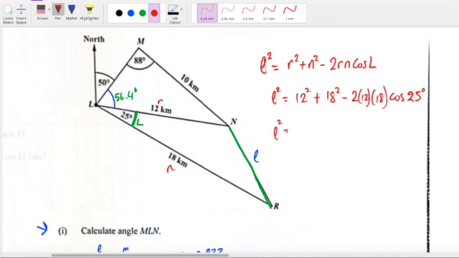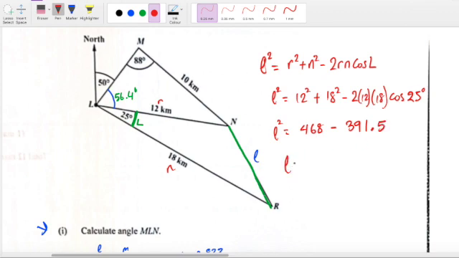So L squared is 12 squared plus 18 squared, which is 468, minus the cos of 25. The cos of 25 is 0.9, multiplied by 2 times 12 times 18, and that will give us minus 391.5.